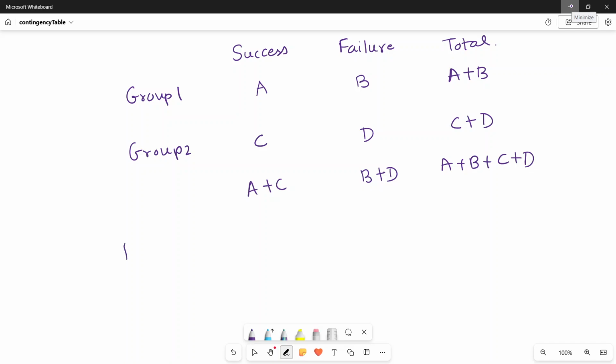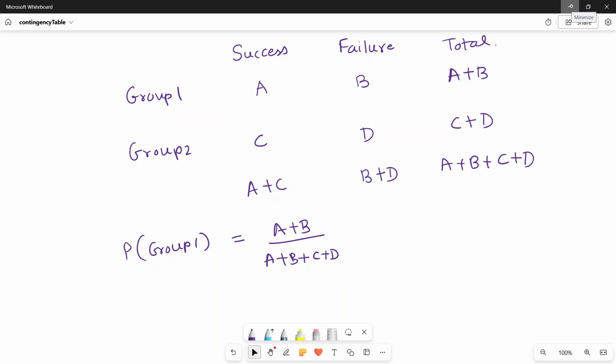Simple probability definitions tell you that it is A plus B, the total number of students in group 1, divided by the total number of students, A plus B plus C plus D.